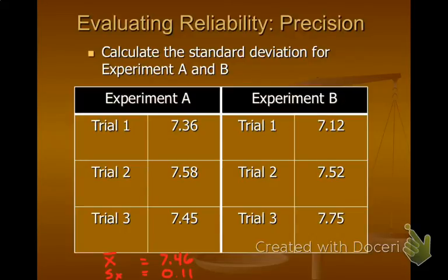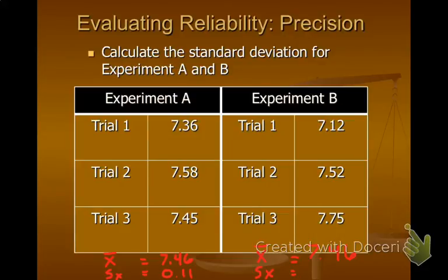For the second experiment, experiment B, you're going to get the same mean. You're going to get the same average, which is 7.46. But this time, the data is a lot farther off from each other. And our range proved that. But this time, if you take a look at the calculator screen, you get a standard deviation, I think close to 0.3.